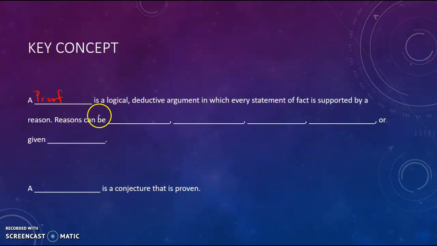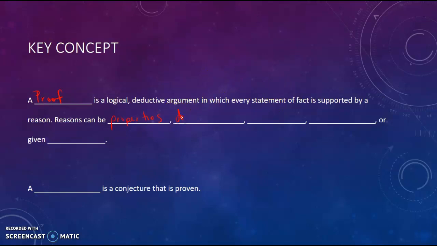So, our reasons can be properties. These would be like those addition property of equality, subtraction property of equality, multiplication property of equality, division property of equality. This could be the substitution property, the distributive property. Those can be reasons to prove a step can be made.